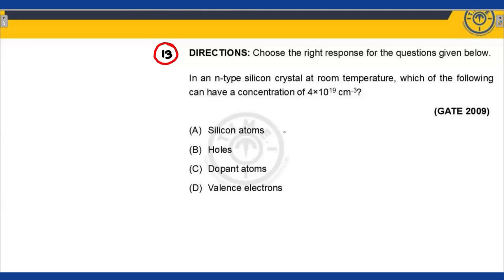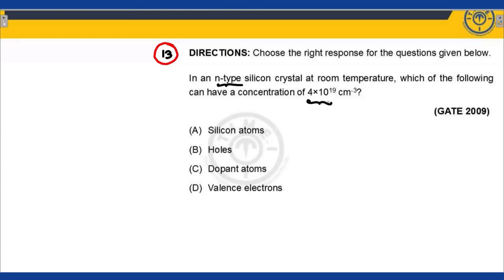Now, how to solve this particular thing, my dear friends, is very important over here. Okay. So, here, in an N-type silicon sample at room temperature, N-type, we only said that it is what type of semiconductor? N-type semiconductor. Have a concentration of 4 into 10 power 19 per centimeter cube, he is asking. Okay.